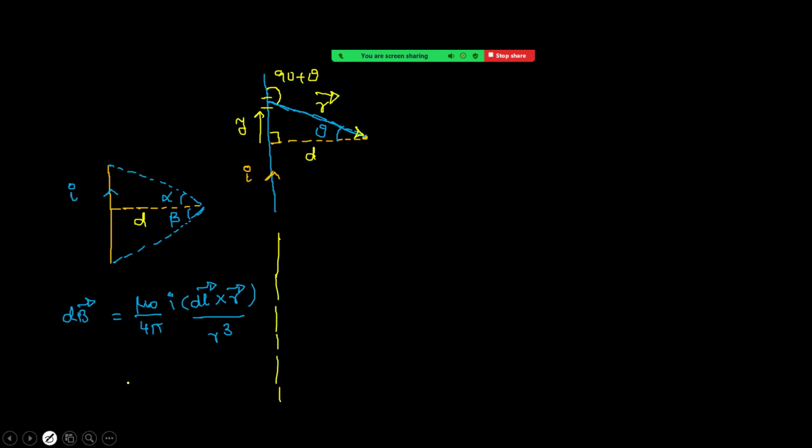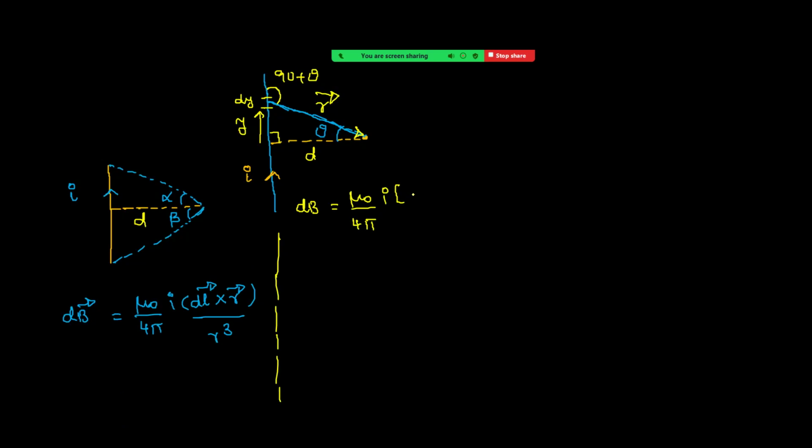dB, that is equal to the modulus value mu naught upon 4 pi I into, in the place of dl, I am taking dy, the length we have taken, right? At a distance y from this line, an element of length dy.